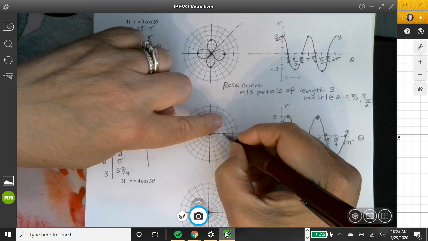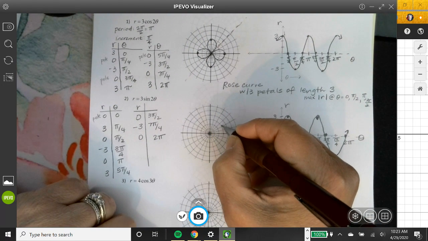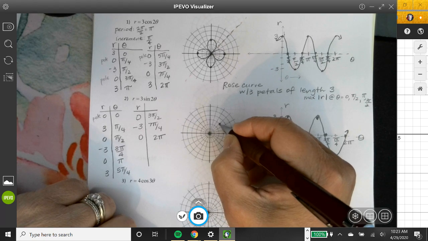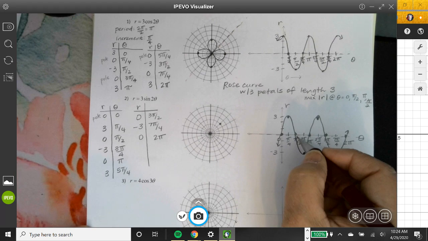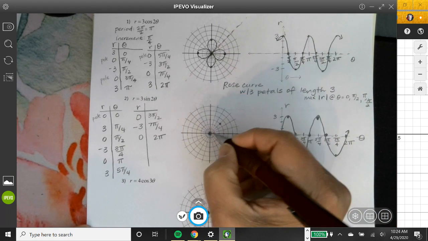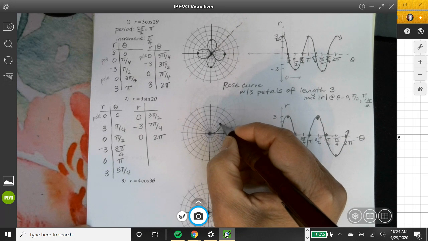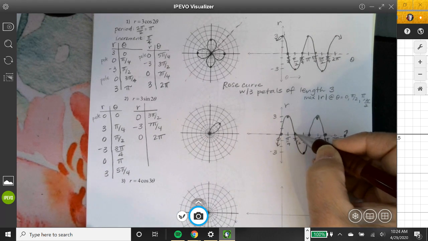This one's pi over 6. This one would be pi over 4. So the very middle one is pi over 4. Okay. And so there we go. And then I have to head back to the pole before pi over 2. I'm remembering that this is pi over 2. So I'm going to go out, hit my max petal length, and then go back to the pole.